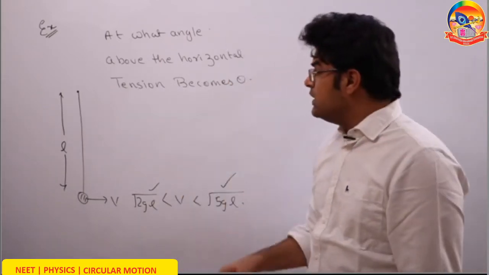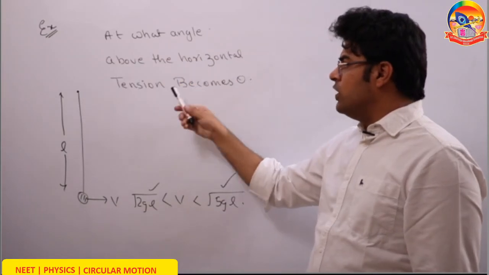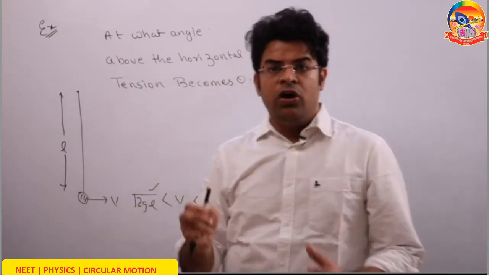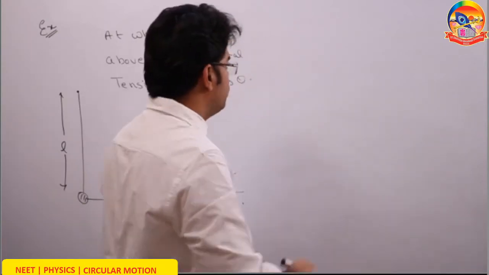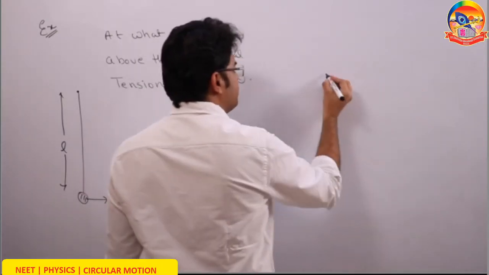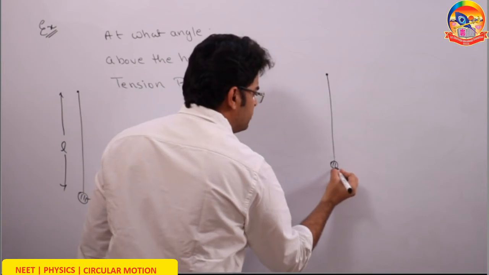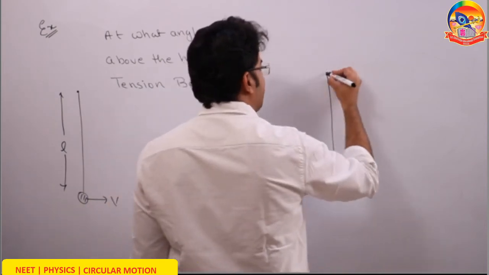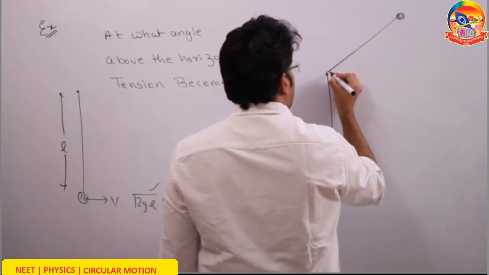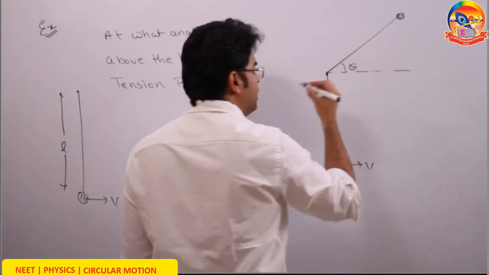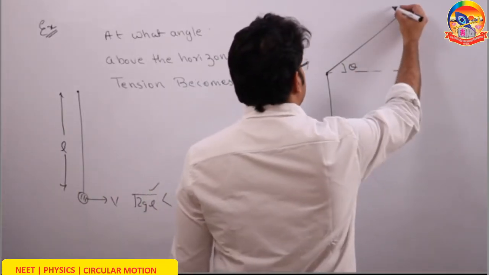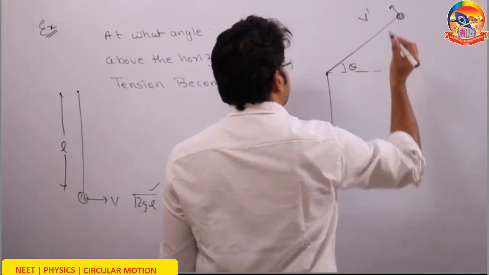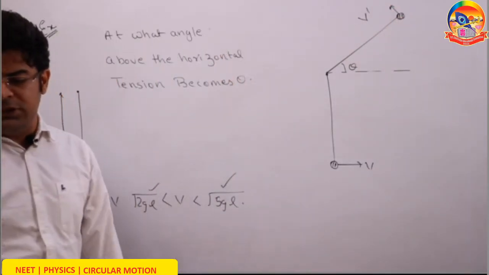So the question is, at what angle above the horizontal does the tension in the string become 0, or the bob stops doing circular motion? Let's say this happens when the string of the bob makes some angle theta with the vertical. You have given initial speed v, and let's say here the speed of the bob is v dash. First of all, let's find this speed v dash.